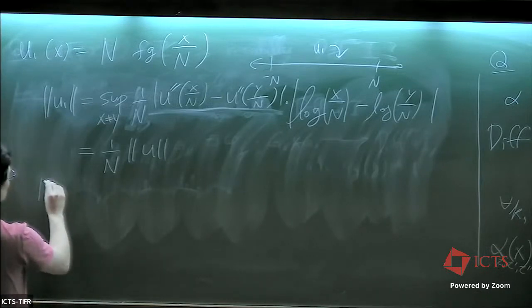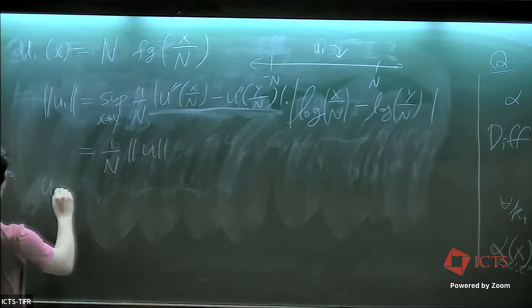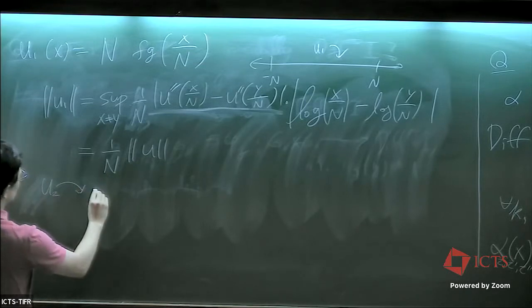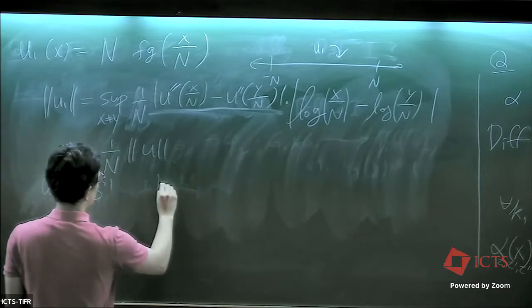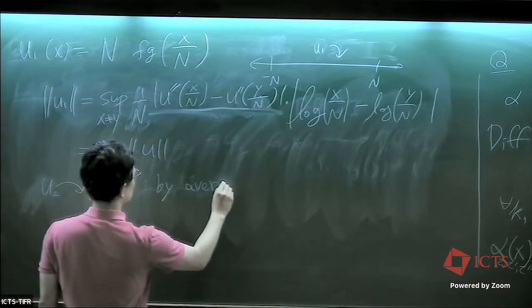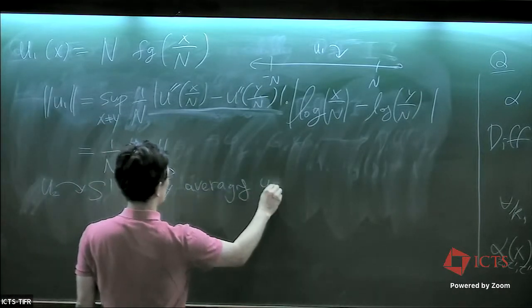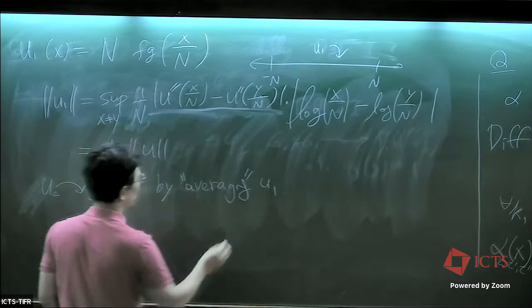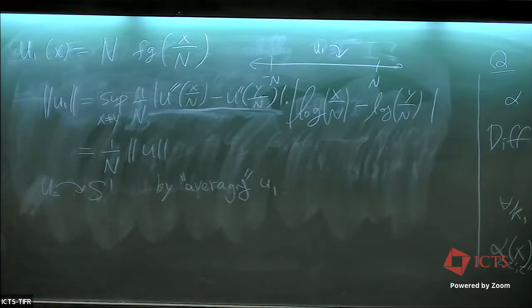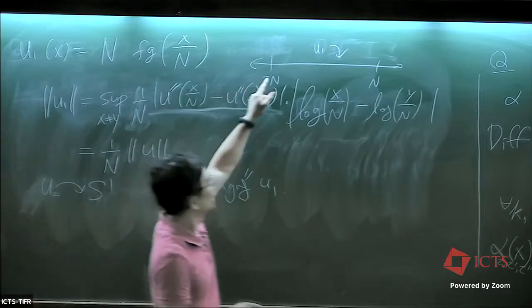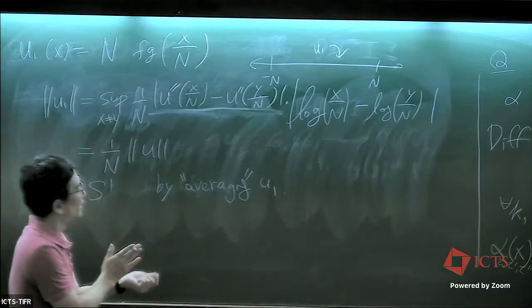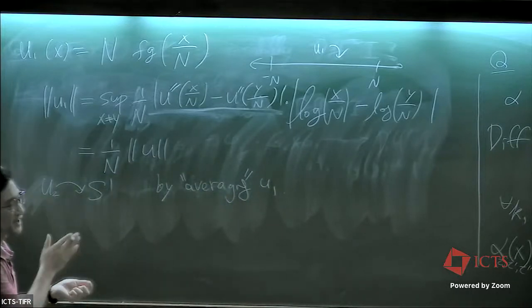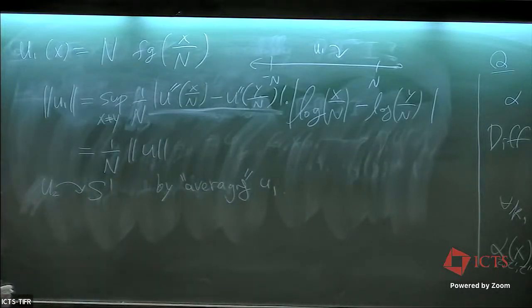So U2 is some circle diffeomorphism by averaging U1. I cannot explain what I mean by averaging in 2 or 3 minutes, but it's basically you have some diffeomorphism on this big interval, and you just duplicate it again and again and again, so it acts on the circle.